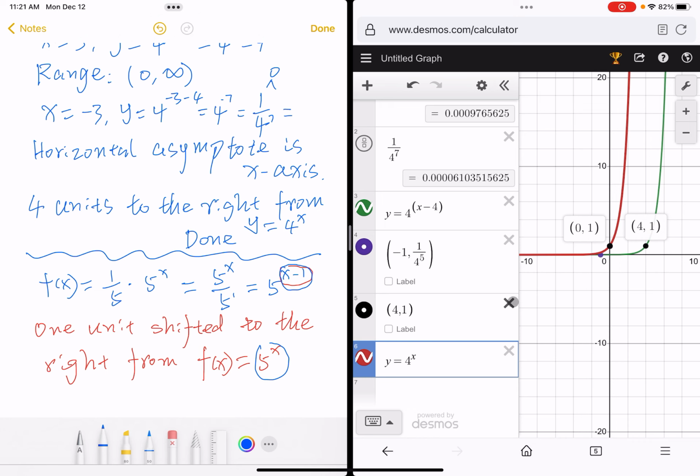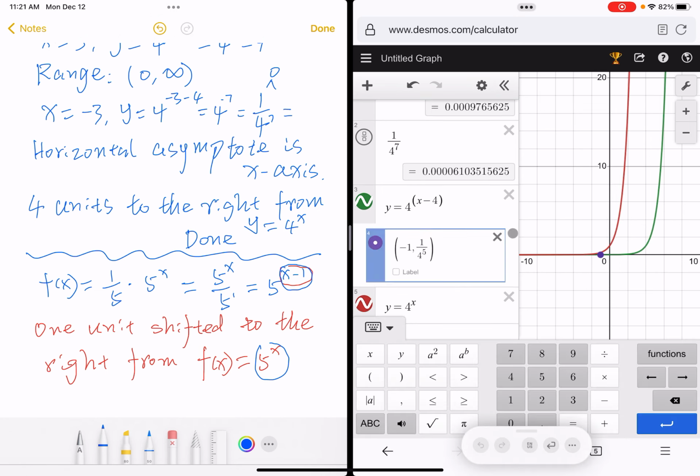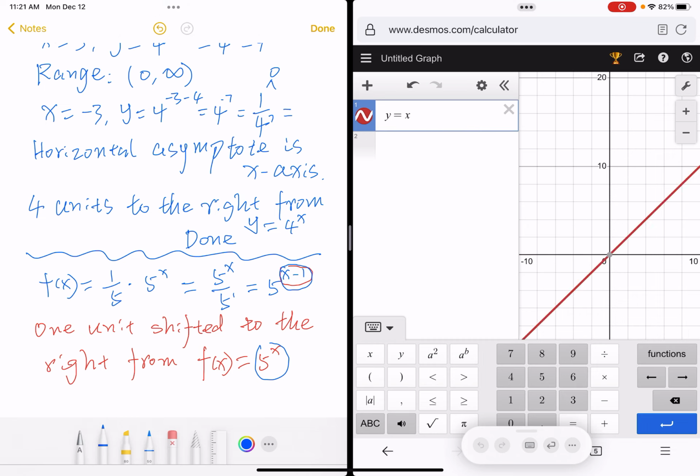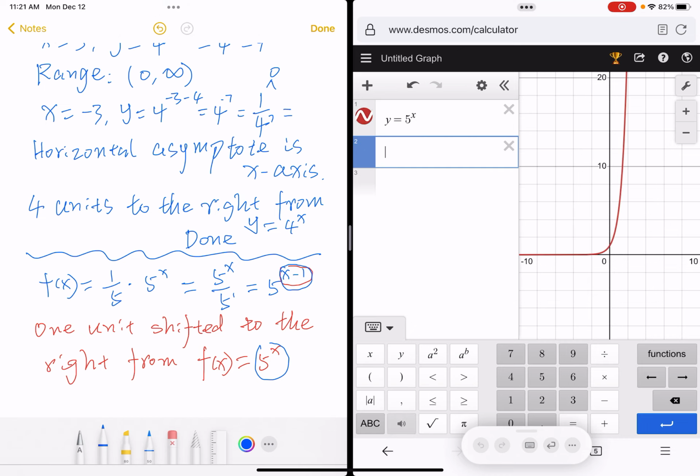We may erase all the graph here, and then let's put here, instead of 4, 5 to the x, and then we may do another one, y equals 5 to the, you want to use parentheses, x minus 1.